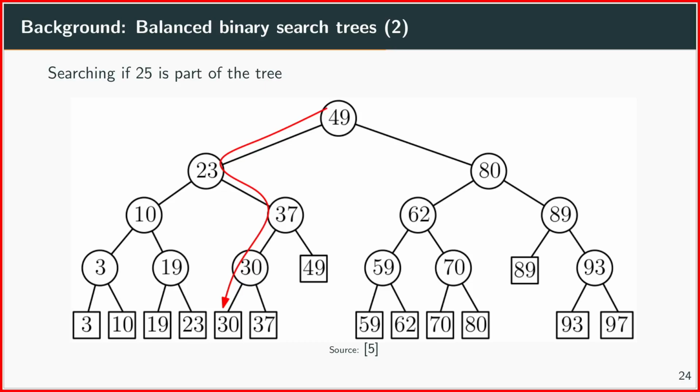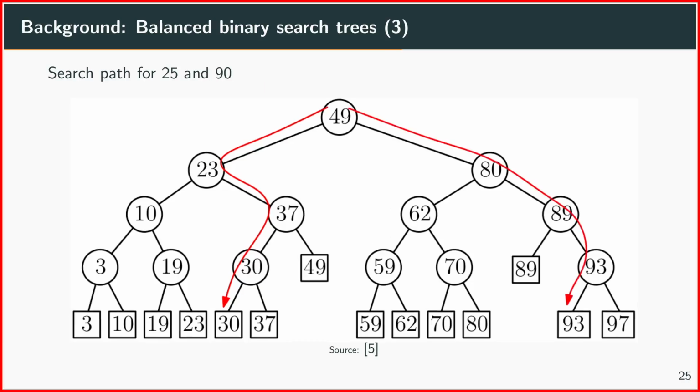So for example, if we want 25, then we look: it's smaller than 49, bigger than 23, smaller than 37, smaller than 30, and you end up in this leaf node of 30. You can do the same for another number. For 90, it's bigger than 49, bigger than 80, bigger than 89, smaller than 93, and you get to the 93 leaf node.